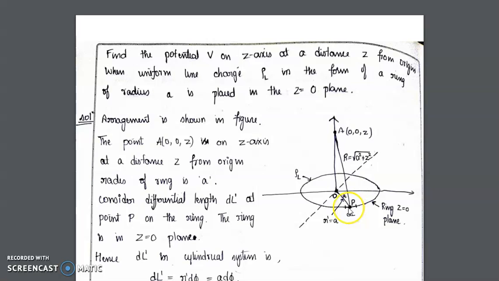The distance from the origin to the point on the ring is A. If I join the point on the ring and point P, I get a right angle triangle. I know this side is Z and this side is A. So this distance can be written as R equal to square root of A square plus Z square, using the Pythagoras theorem.